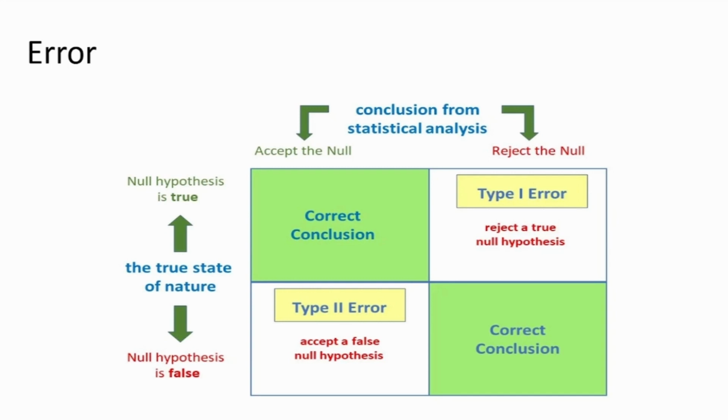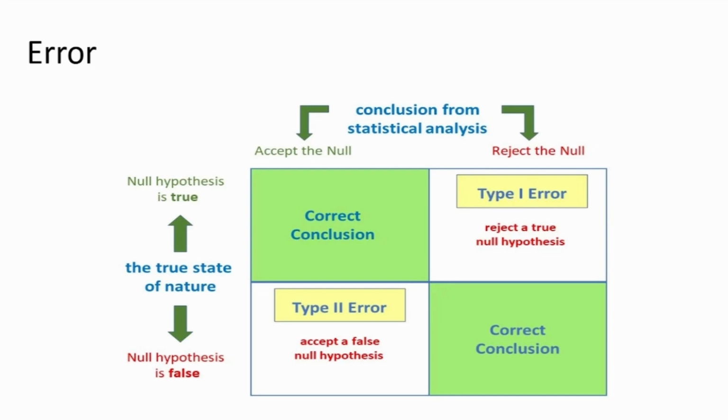Now, what it means is simple. Those two errors are different. There is one thing called type 1 error and there is one thing called type 2 error. So, type 1 error is rejecting a true null hypothesis. And type 2 error is accepting a false hypothesis.